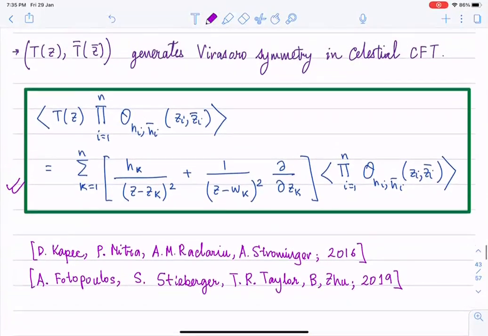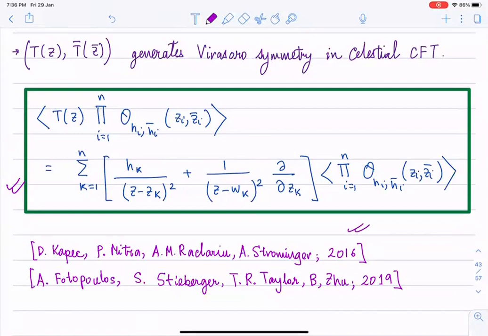Okay, so I have not been very particular with the references all throughout this talk, but I just wanted to point out that this construction of the two-dimensional stress tensor by using this shadow transform of the subleading soft graviton operator was done first by Strominger and friends.